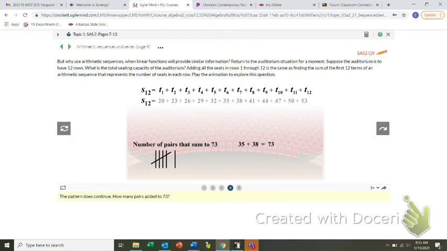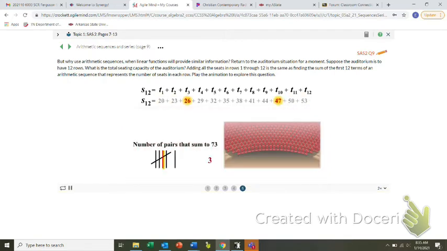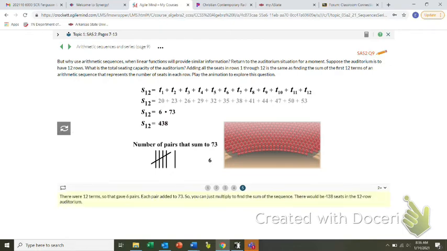If you have 12 terms altogether and you're looking for the pairs, well, a pair means 2. So can't you just say 12 divided by 2 and get 6, which is what they got here. 6 pairs of 73. So guess what you do next? You can take 73 and multiply it by 6 to get your sum, which is a total of 438 seats.